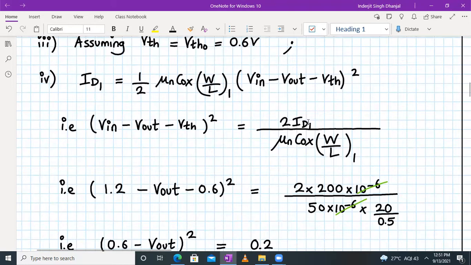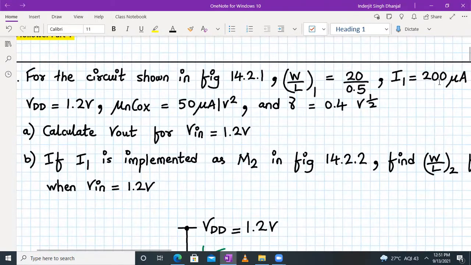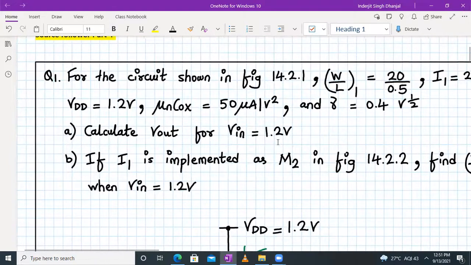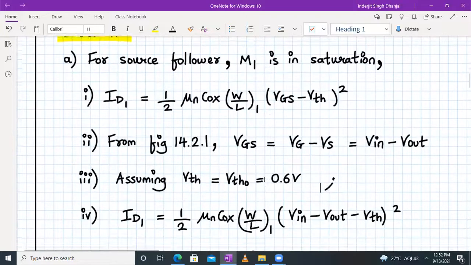On the right hand side, we get twice ID1 divided by mu n Cox W by L of 1. Mu n Cox value is given, W by L value is given, and ID1 is given as 200 micro. Let us check that. Yes, I1 value is 200 micro, and since it is a current source, ID1 also will be 200 micro.